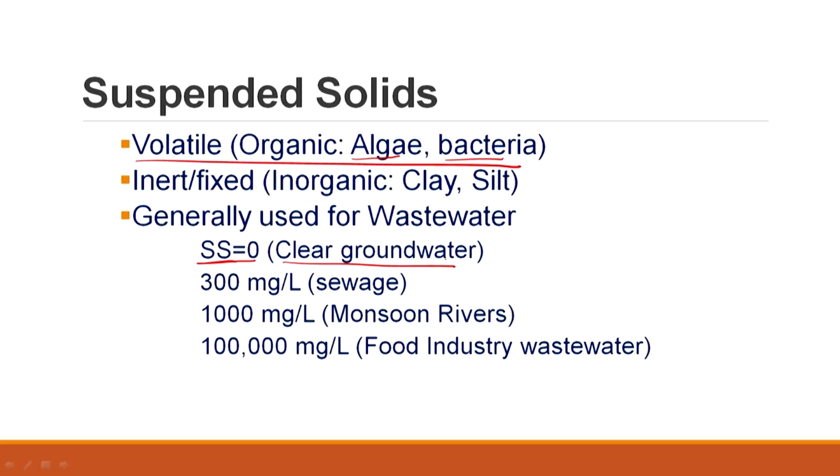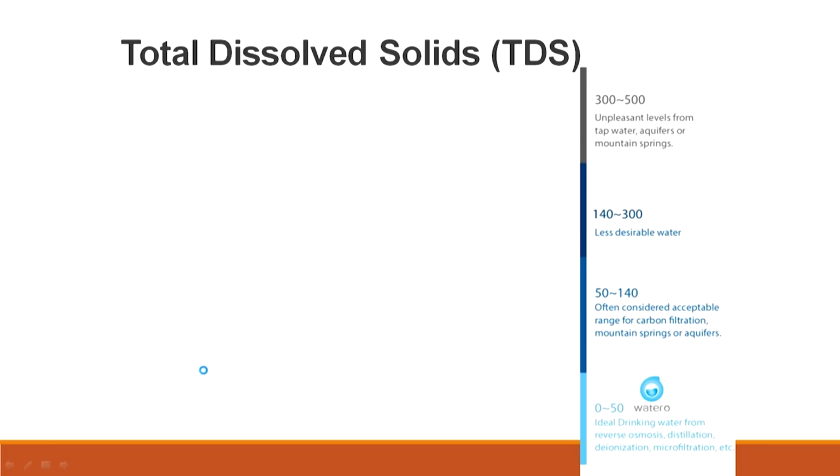That means there was some pollution out there. For sewage and monsoon rivers, why is it relatively high in surface waters during monsoon? It is because all the rainfall brings runoff and thus the sediments and such to the river, right. So, you are going to have that high, and food industry wastewater is obviously going to be remarkably high. So, what is the issue here?